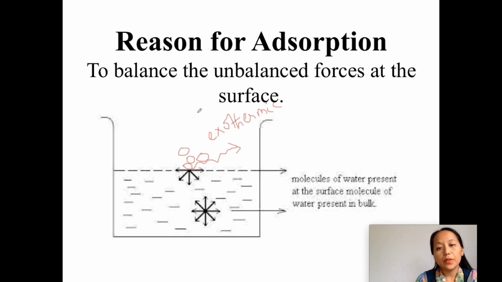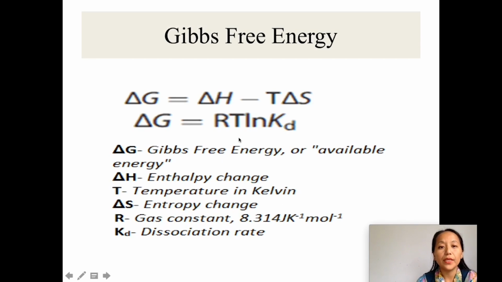Now, the process being exothermic in nature, let us look at the Gibbs free energy value of the adsorption. During the adsorption process, we know that the enthalpy of adsorption is negative because it releases a certain amount of energy. That is, the reaction is exothermic, so delta H will be negative.